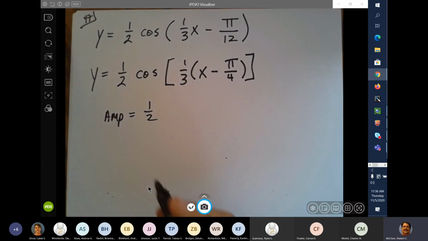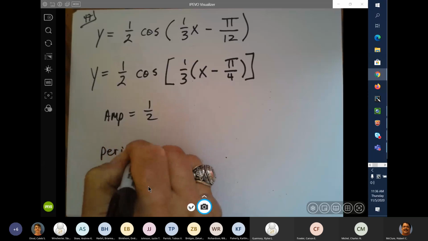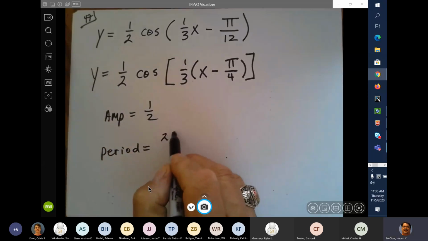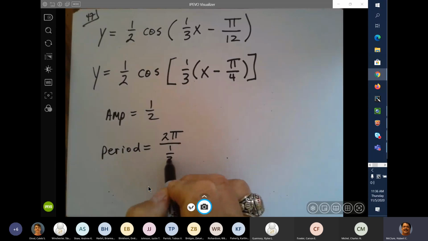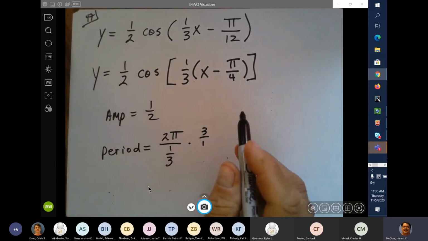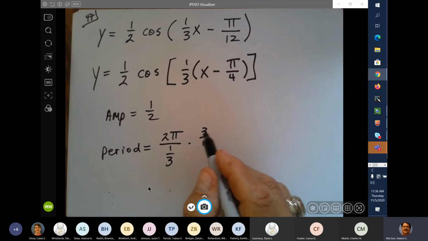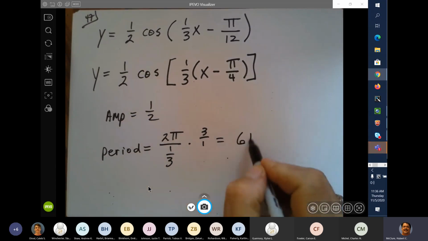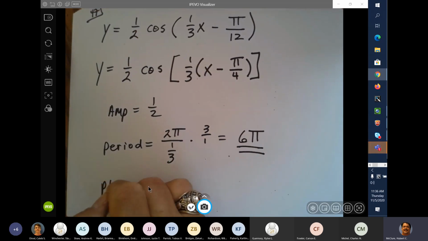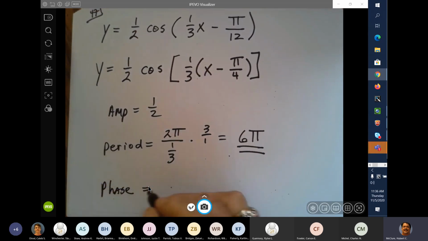The period, which is equal to 2 pi divided by 1/3, multiplied by 3 over 1. That's going to be 6 pi. And then the phase shift. The phase shift, you really don't have to even calculate. You just look. That's going to be pi over 4 to the right.